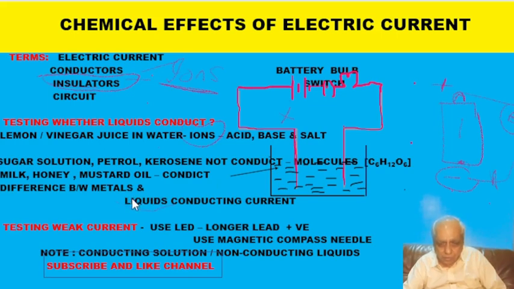So how will we come to know that a chemical change has taken place? By experiment we will see, like when we pass electricity through water containing some salt dissolved in it, so that electricity can pass through the water, we will find that I can see bubbles of gas coming out. The bubbles come out at the positive terminal.